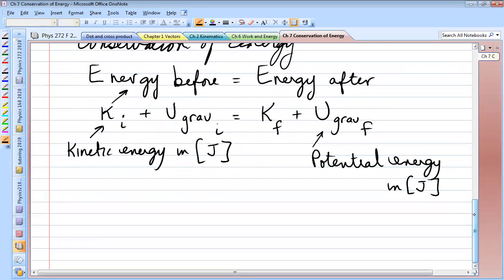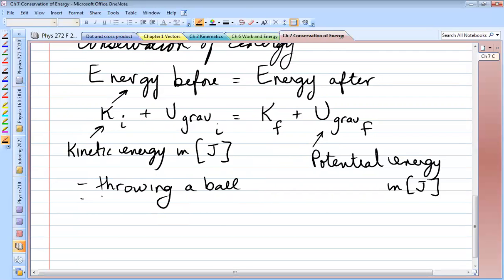And so the problems that you're going to do that have to do with that are things like throwing a ball in the air. So gravity is the only force working, and the kinetic energy is going to go up and down depending on what happens to the gravitational potential energy.